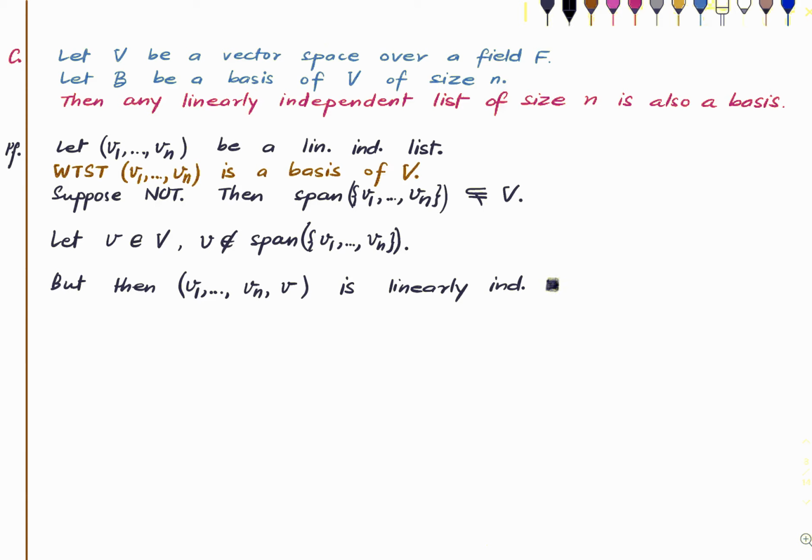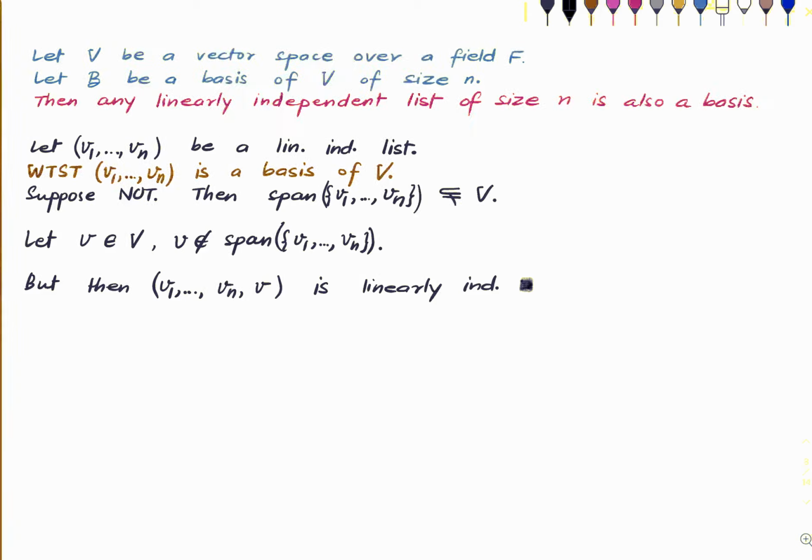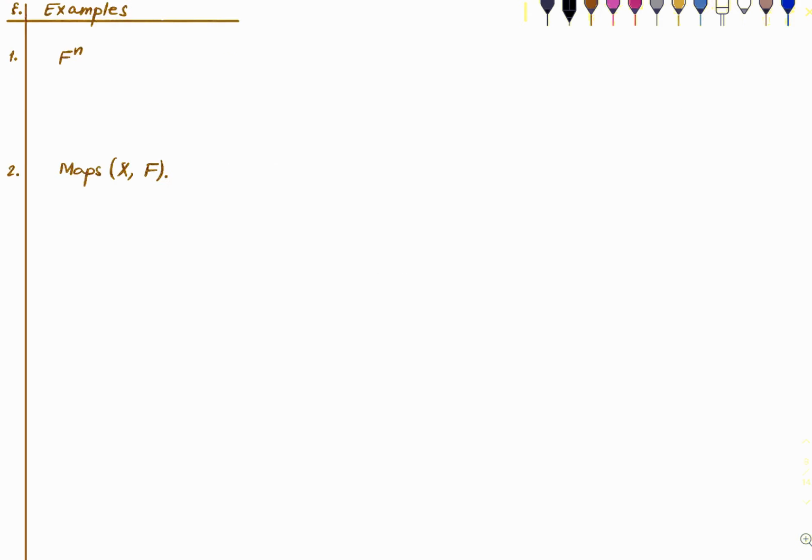Okay. Let's see some examples. Well, only 2 examples. So F^n, what is an example of a basis of F^n? We have already seen this. So e1 is this one, e2 is this guy, and up to en.